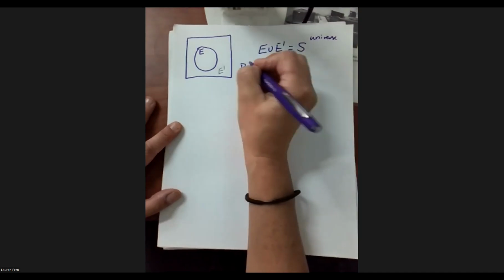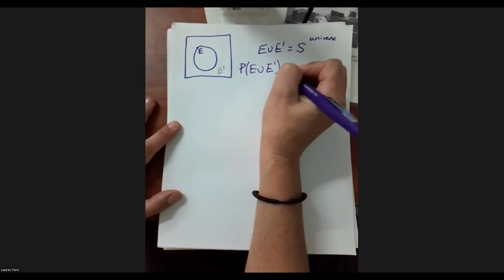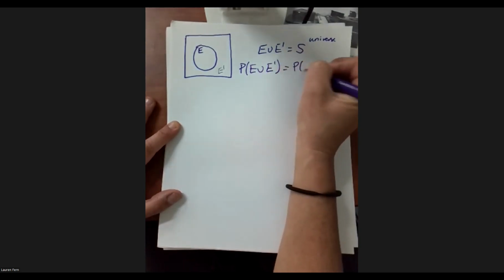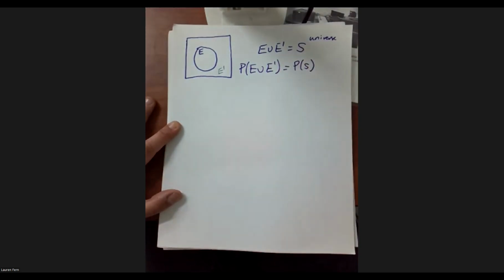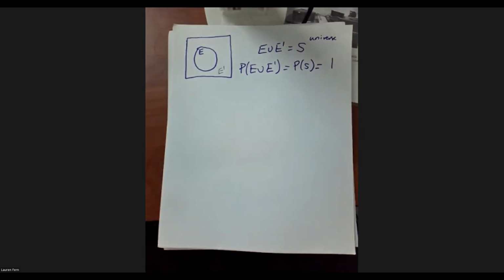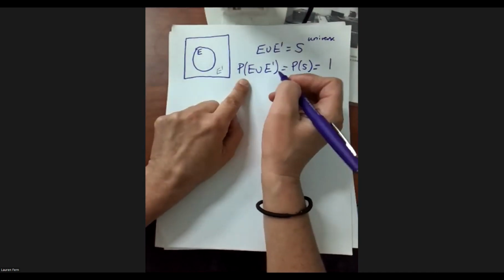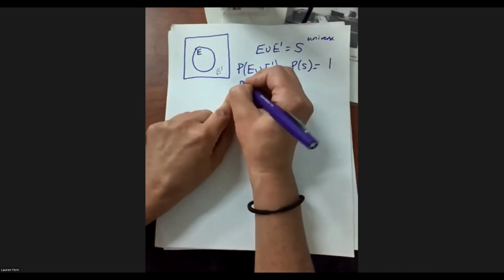Well, then the probability of E union E complement, since they're equal, is equal to the probability of the sample space. And what is the probability of the entire sample space? 1. You're doing great. Okay. Well, these things are disjoint sets.